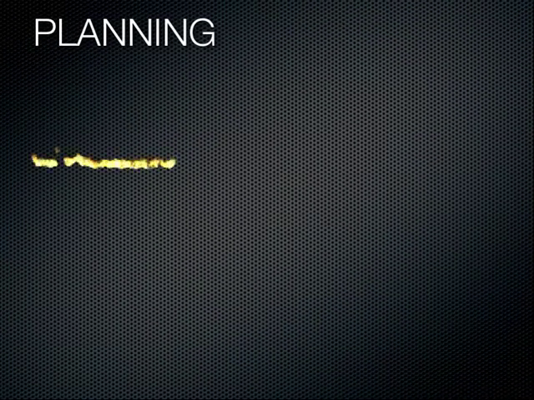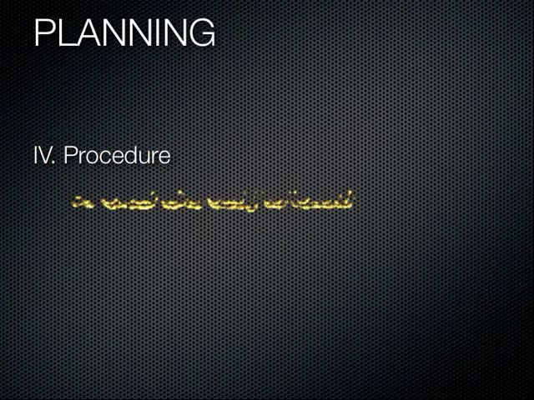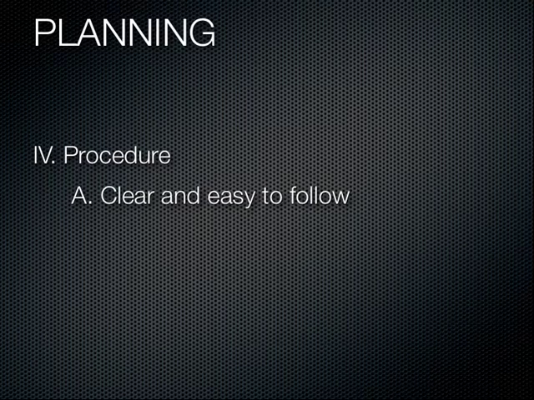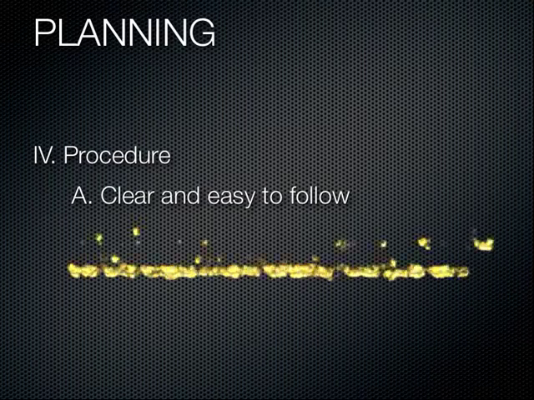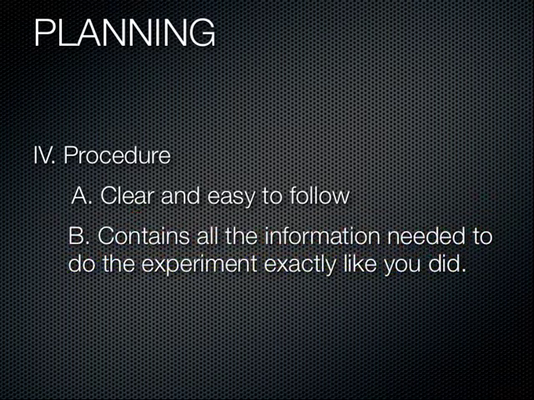Okay, so after your hypothesis, you need to identify your procedure, which is, most importantly, clear and easy to follow. Okay, you want it to be able for someone else to do that. It also needs to contain all the information so somebody else can do it just like you did.